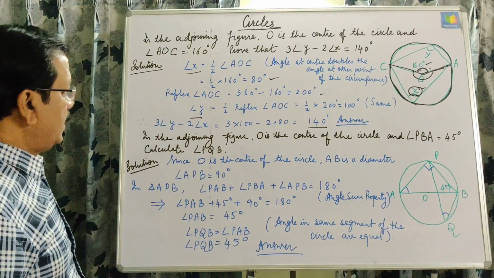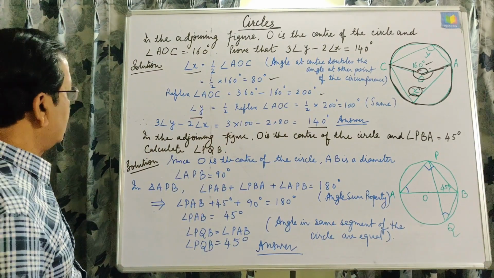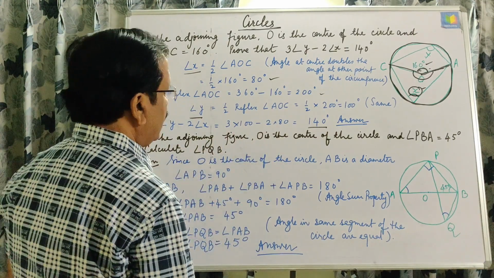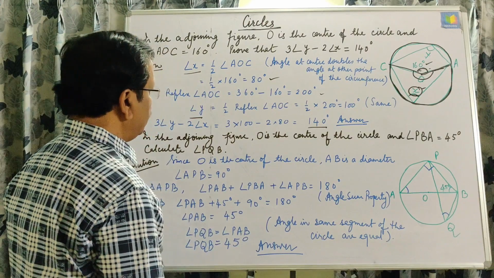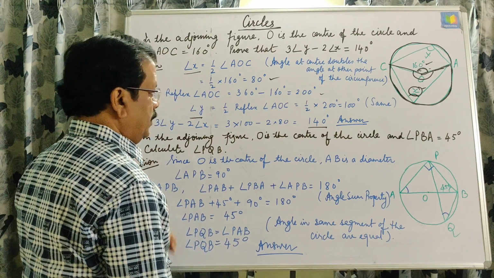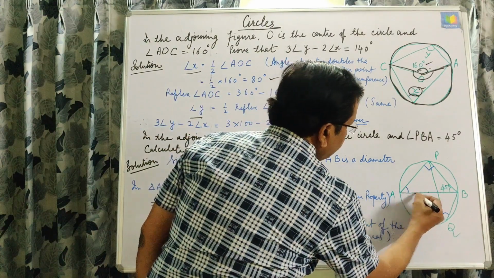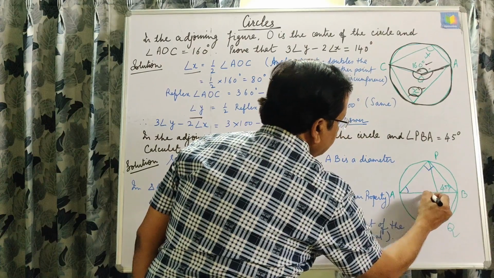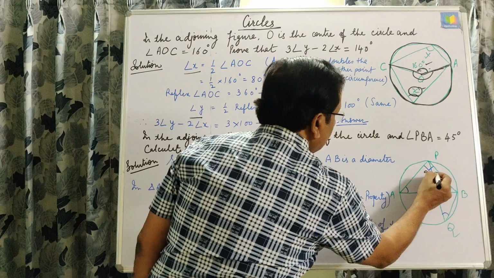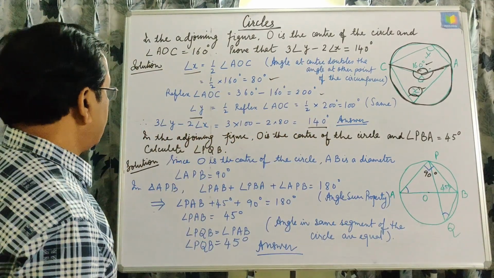In the same way, in the next question also you can see, again I will select the arc. In the adjoining figure, O is the center of the circle, angle PBA is 45 degrees. Calculate angle PQB. Now here you can see this is the diameter, it passes through the center, so this angle is equal to 90 degrees because the angle in a semicircle.